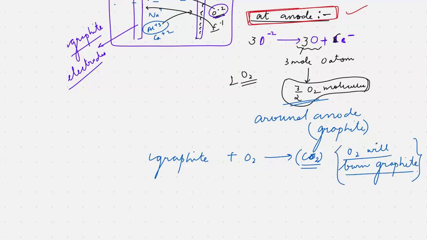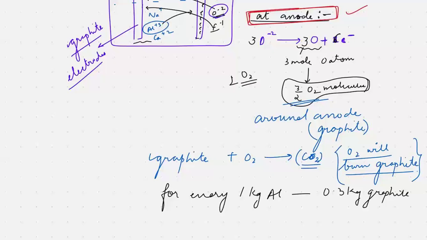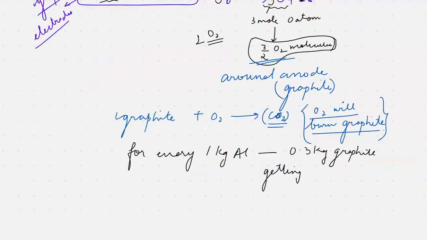So you have to understand that in the electrolysis of Al2O3, oxygen burns the graphite, and hence, for every 1 kg of aluminium being extracted, around 0.3 kg of graphite gets burned off. That is an experimental analysis, but once you calculate it, it is not exactly like that.